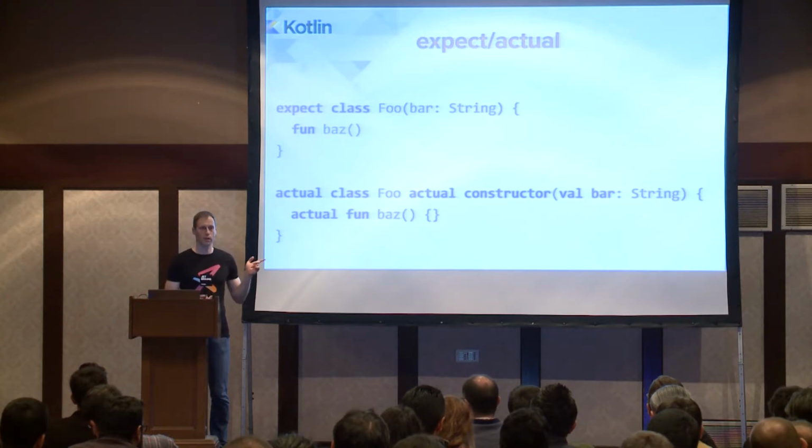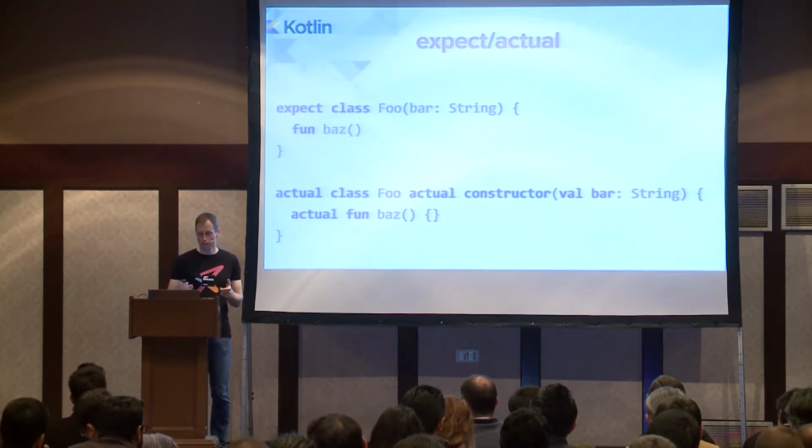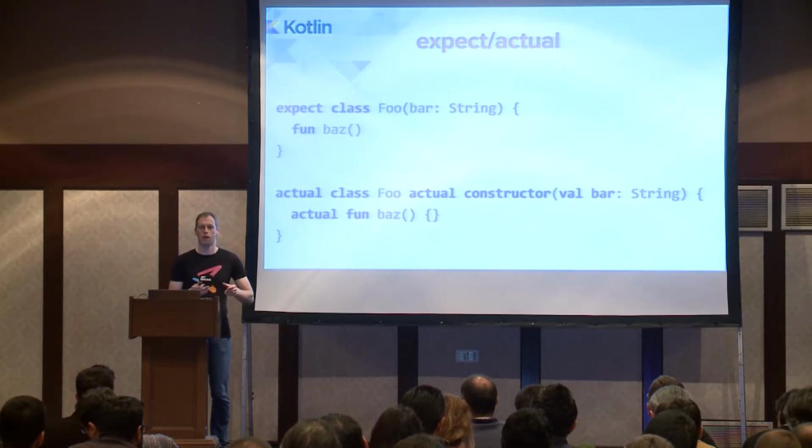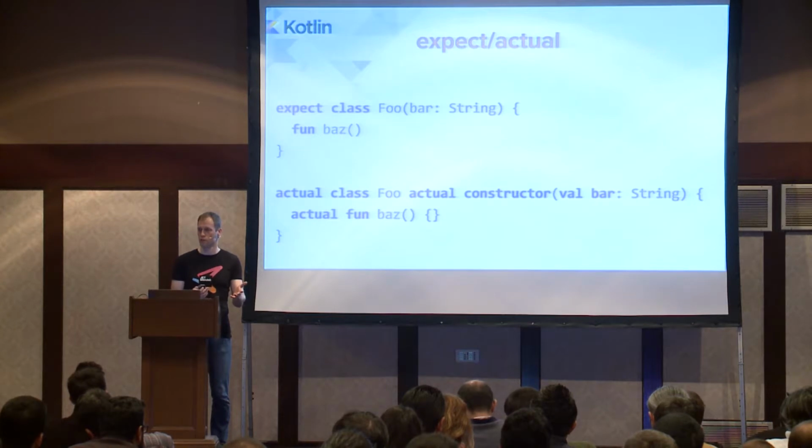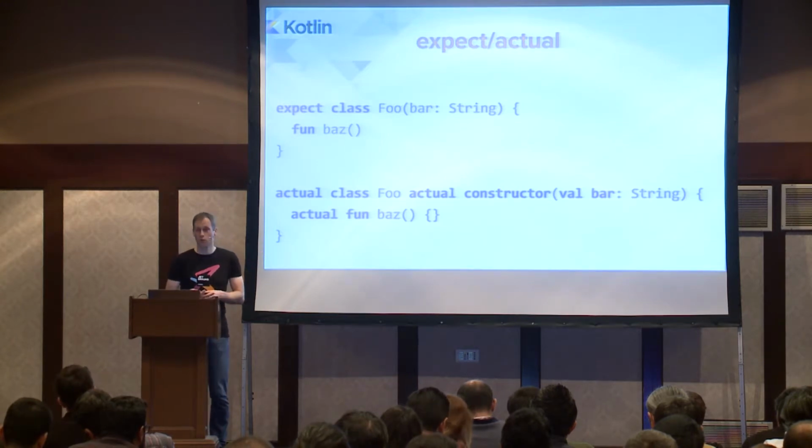And here we already see an advantage of this approach over the approach with interfaces. If you share your code and have platform-specific code shared via interfaces, you cannot declare a constructor, for example, in an interface. But with this approach, you can.